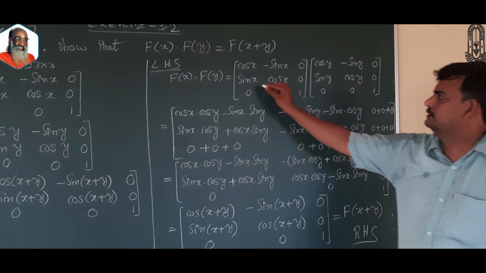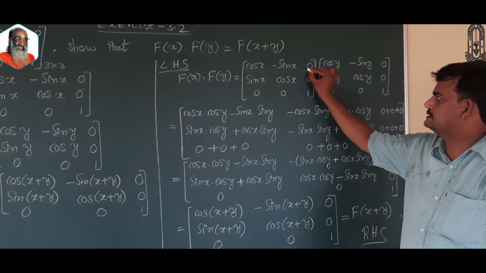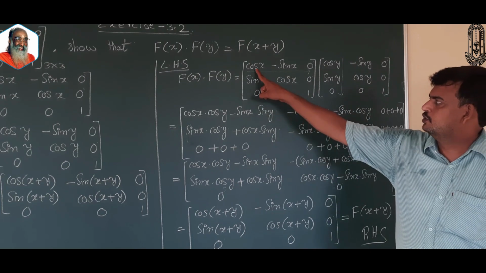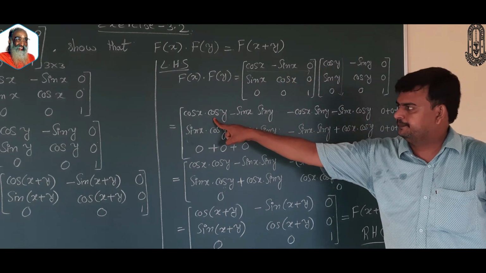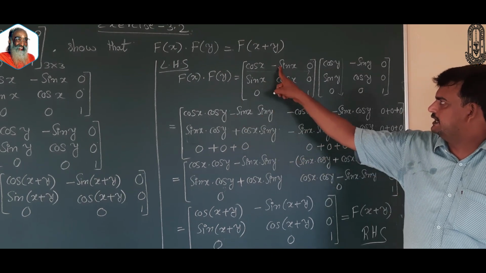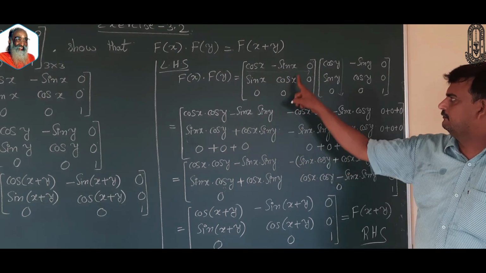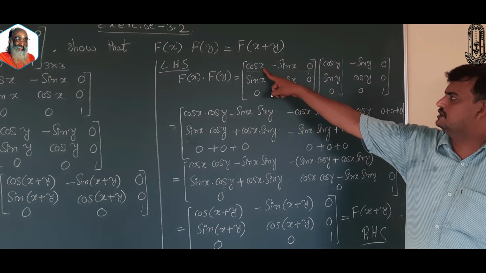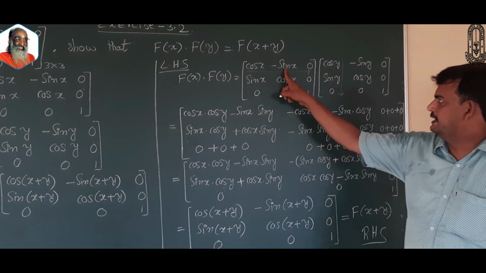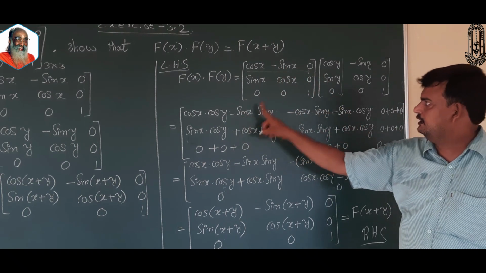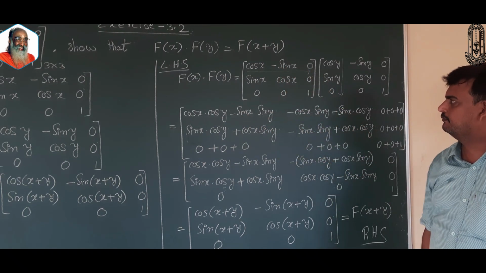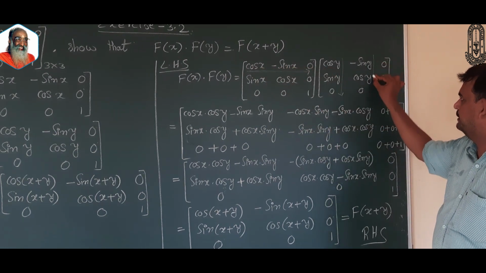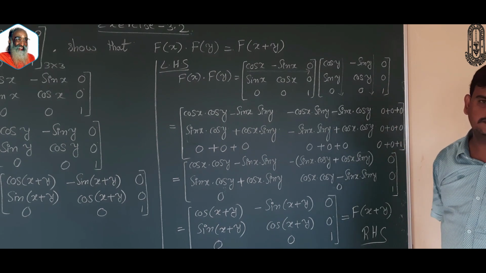As we discussed, row 1 elements will multiply with column 1 elements. So cos x into cos y minus sin x into sin y, and 0, 0 is 0. Now row 1 is going to multiply with column 2 elements.